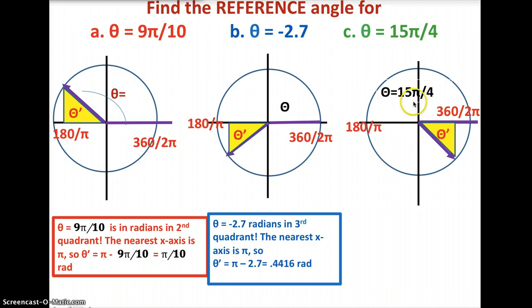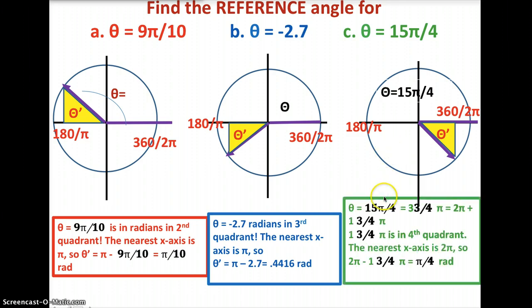15 fourths pi, or 15 pi over 4. A little more difficult here. We'd have to figure out what quadrant that's in. And to do that, you would divide 4 into 15, and you would get 3 3/4 pi. You would divide that by 2 pi, which is one full circle, and the remaining part of the circle would be 1 3/4. So 1 pi would be over to here, and 3/4 more would be over to the fourth quadrant there.